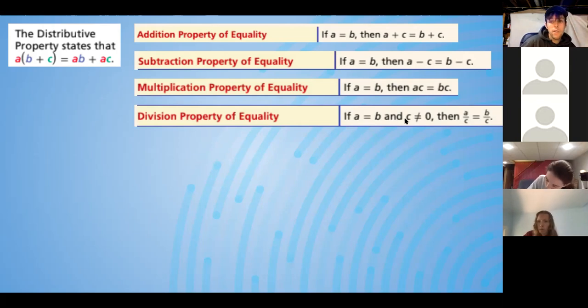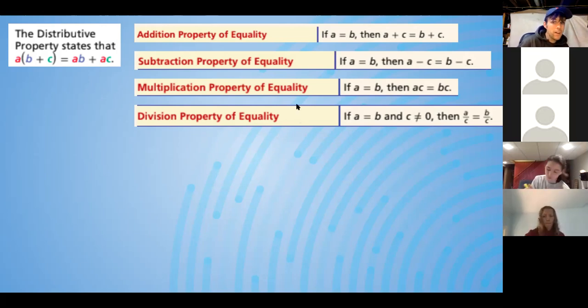So hopefully you remember that dividing by 0 is a problem in math. We can't take something and divide it into 0 pieces, right? So that's kind of a mathematical anomaly, not something that we're allowed to do. It's okay for all these other ones. We can add 0, subtract 0, multiply by 0, but we can't divide by 0.